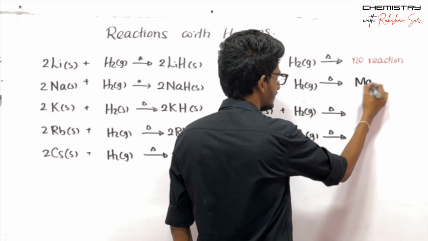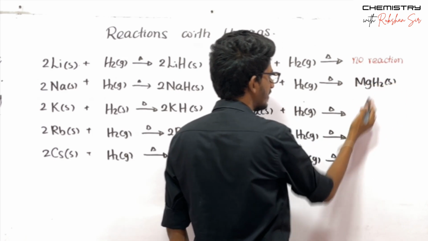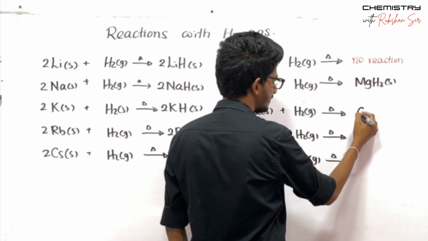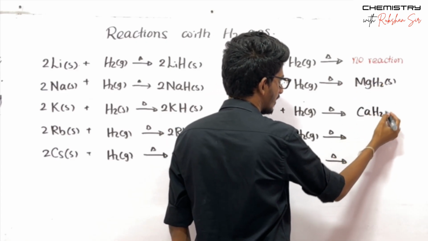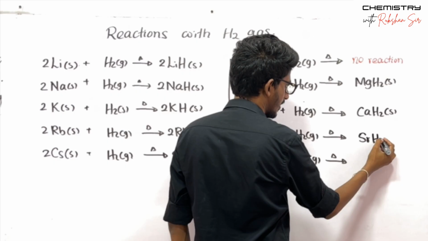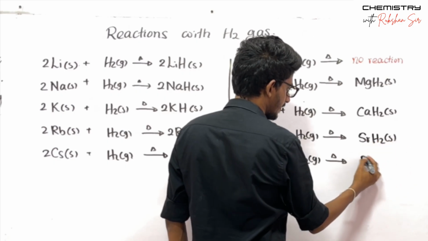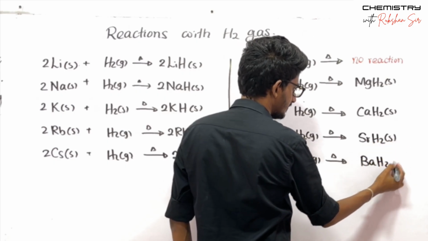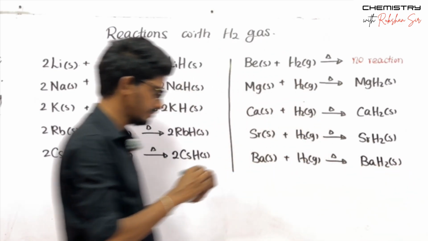Magnesium's hydride: the exchange of valence gives Mg2 plus and H minus, so the hydride comes up as MgH2. Then CaH2, strontium hydride, and barium hydride.